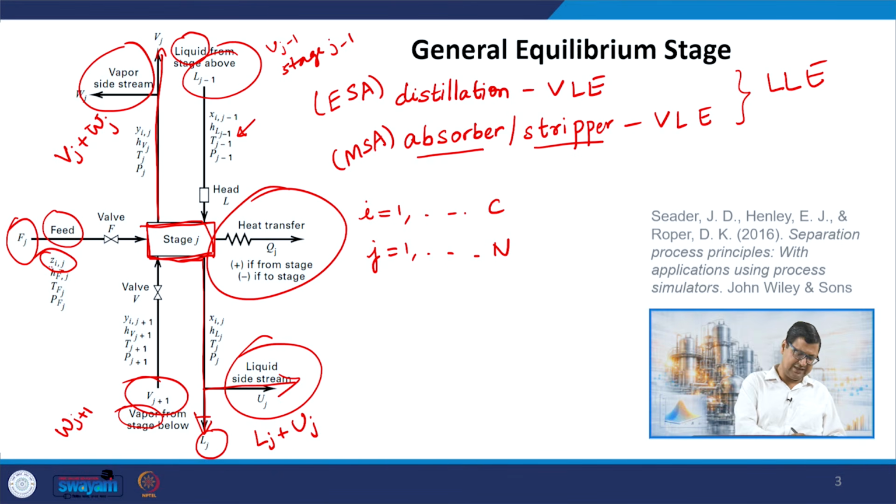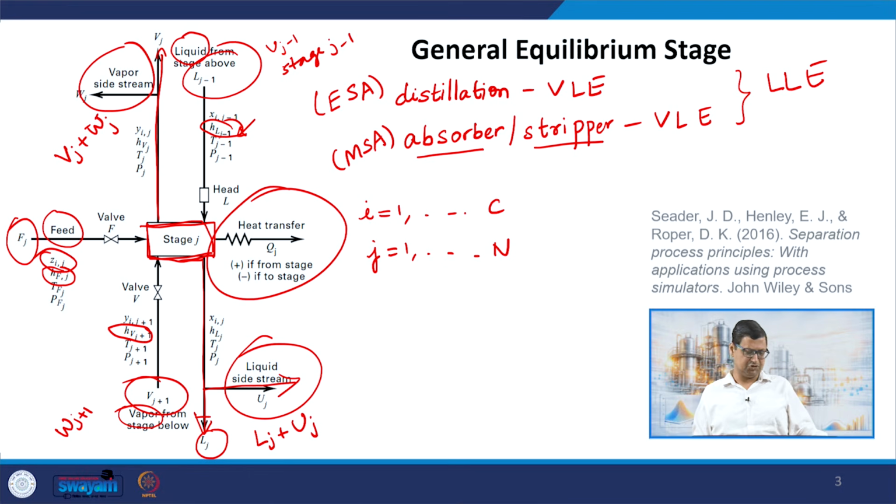Then we can assign enthalpy to every stream, and the language that we have used is quite intuitive. So, HF is for the feed, HV is for the vapor stream, and HL for the liquid stream, and we have added subscript, let us say J minus 1, J plus 1 and J corresponding to the stream that it corresponds to, right.